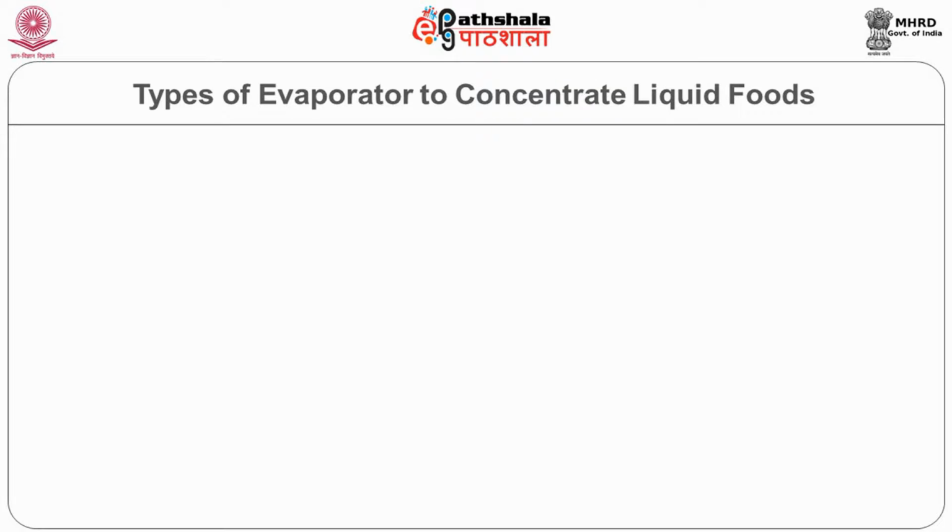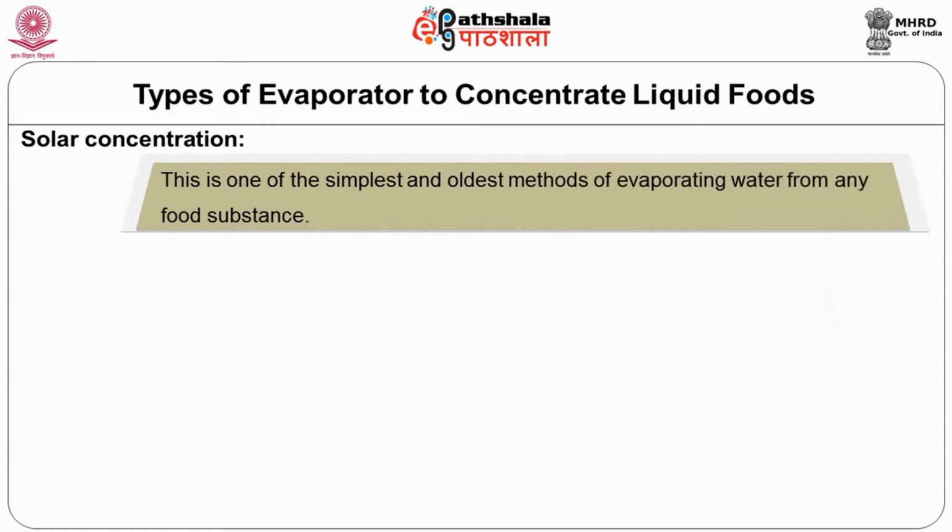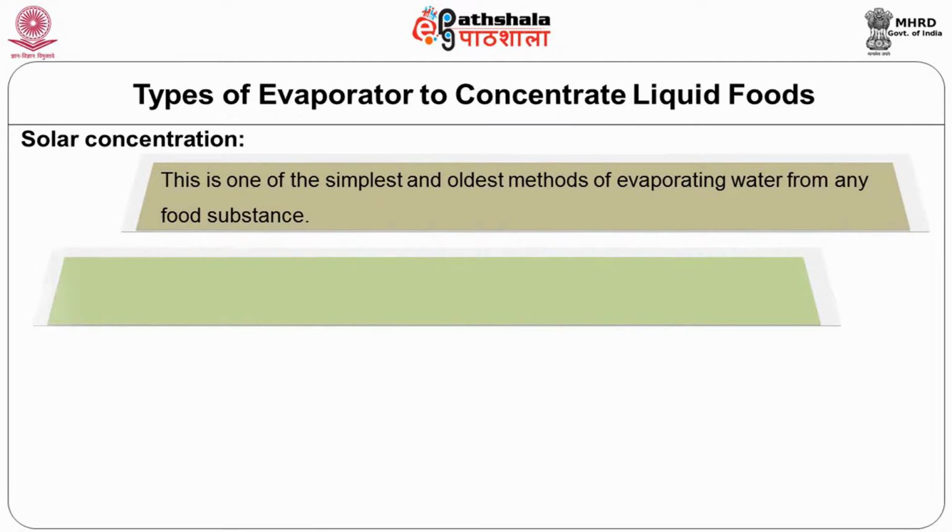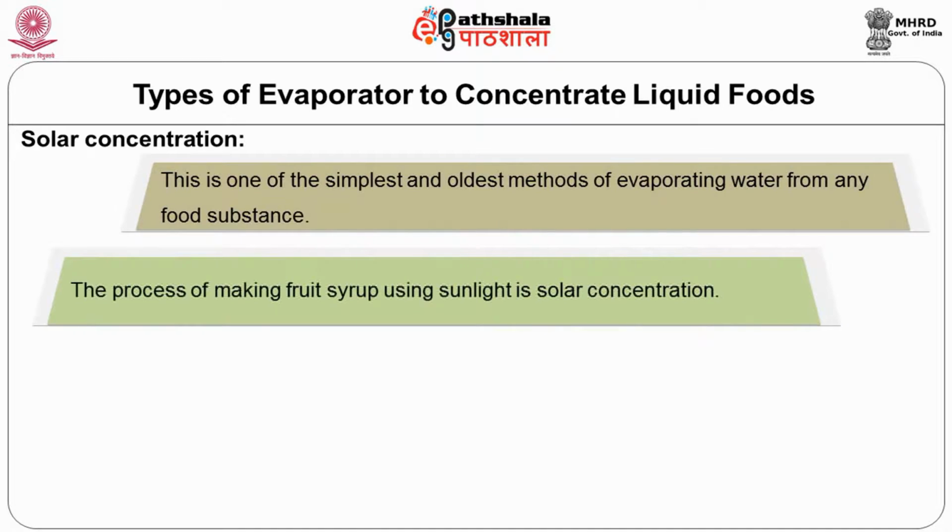Now, let us learn the various types of evaporators available to concentrate liquid foods. Solar concentration. This is one of the simplest and oldest methods of evaporating water from any food substance. The process of making fruit syrup using sunlight is solar concentration.